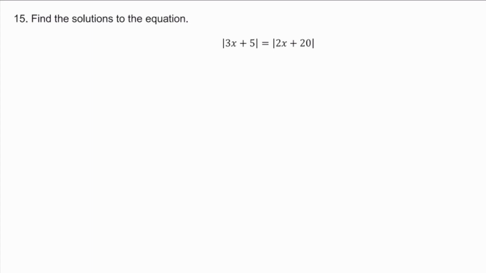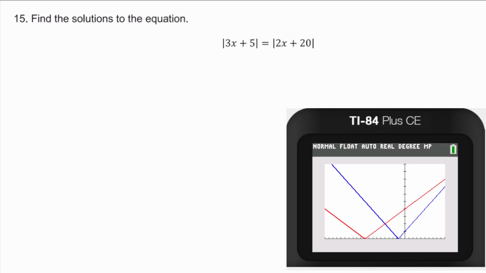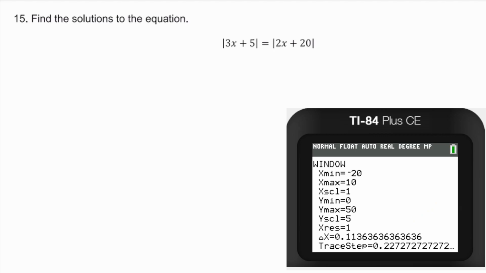Because I'm over here, and you can see that these 2 lines are getting closer to each other, I can see there's going to be another intersection later. So I'm going to again adjust the window to include negative 20 to, maybe, positive 40. Really make sure I've got these intersections in. I'm going to change the x scale to 10 though.